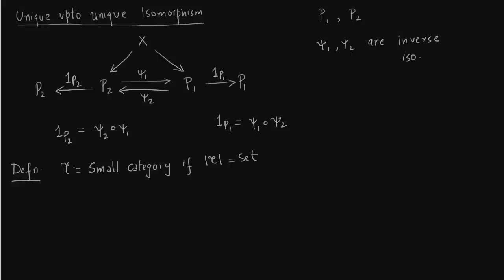Secondly, notice this unique up to unique isomorphism is a special property which will come up again and again. So you should try doing the same thing with initial objects. We will again see unique up to unique isomorphism in products and other things. So it is important to understand what unique up to unique isomorphism means. Essentially, if you have some other object, you should be able to construct something like phi1 and phi2, which are inverse isomorphisms, and that is the point to keep in mind.